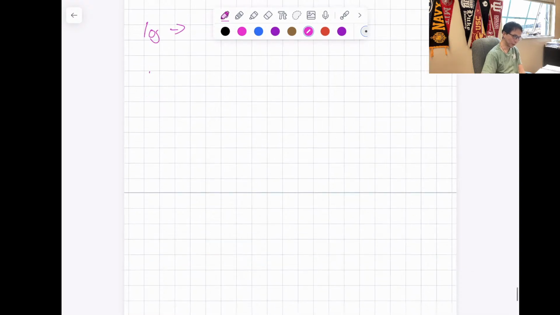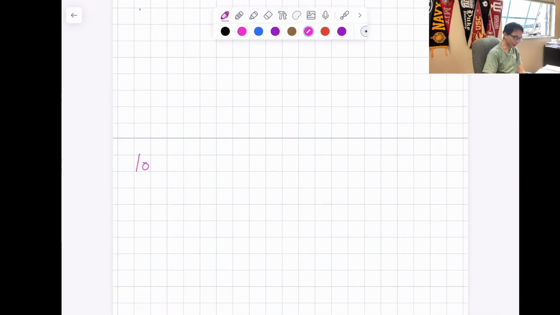Log, if I just write it normally without writing anything, implies a common log with a base of 10. pH, thank you. So in chemistry, pH is equal to negative log of hydrogen ion concentration.